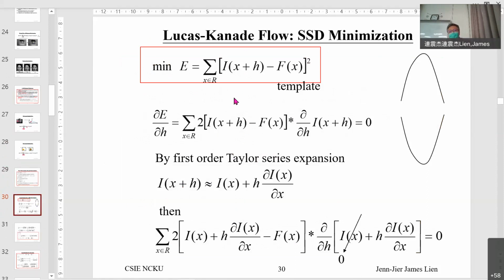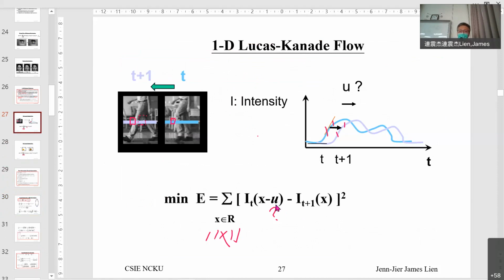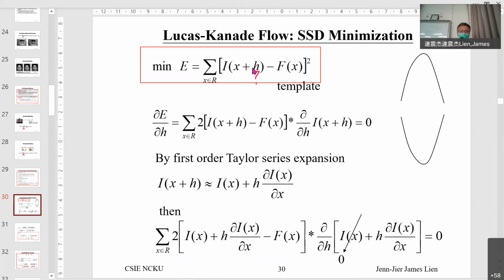So in the 1D case, how can we solve for u or h? Here we say h. This h is actually u, the same, the displacement. And the minus and the plus are actually the same, just a direction difference. It's a vector.